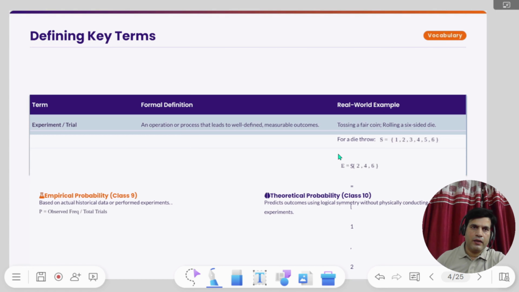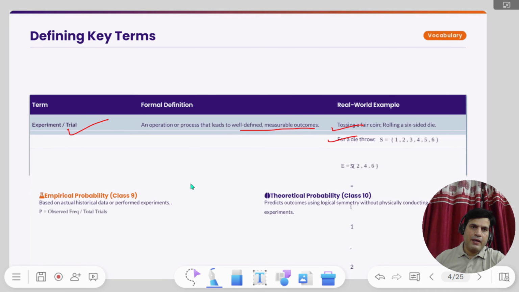And then what are the key terms? Experiment or trial: an operation or process that leads to a well-defined measurable outcome. So where there is a measurable outcome, that is called an experiment or trial. Like in the real world, tossing a coin, tossing a fair coin, rolling a dice. So these are experiments. If you are tossing a coin or rolling a dice, that is called an experimental trial.